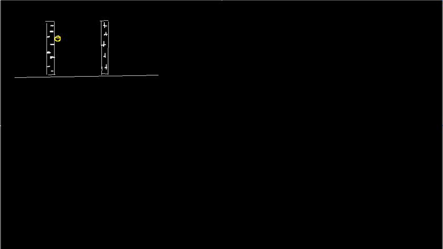The electron doesn't like to be on the negative plate because remember, like charges repel. So this electron doesn't like sitting there. It likes to go to the positive charge, and it's going to experience a force if I release my finger.